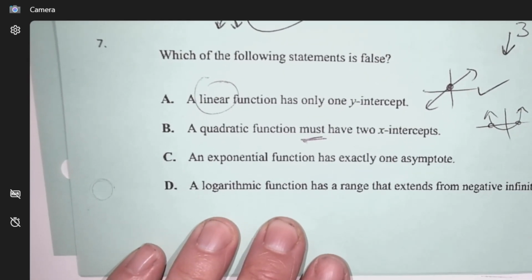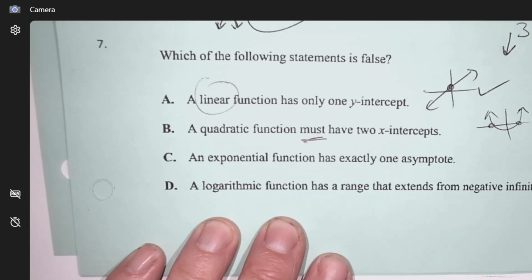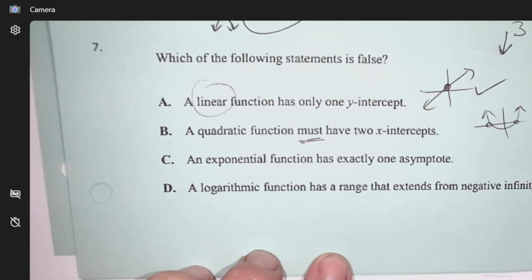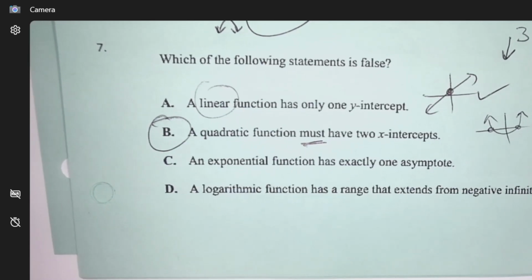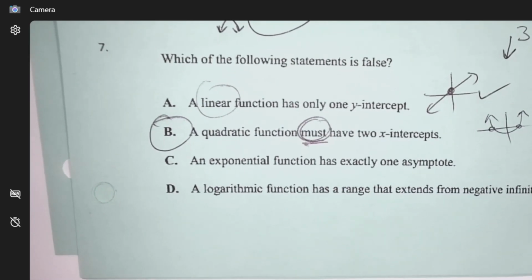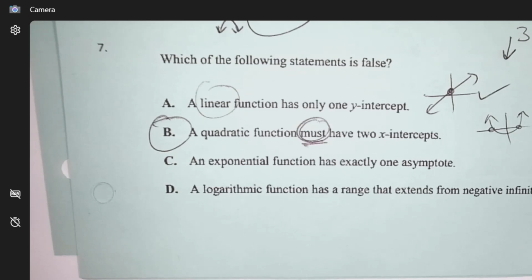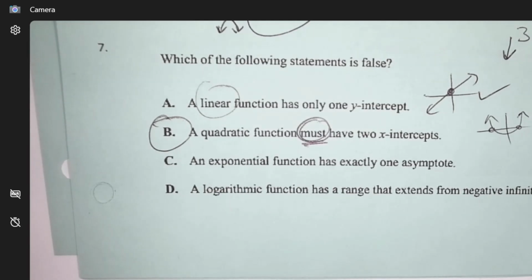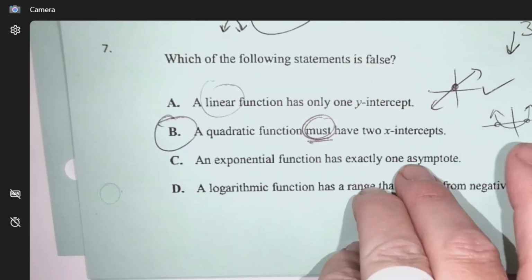False, because what else could it do? It could just do one or none. So this statement is false because of this word. It doesn't have to have, it could, but it doesn't have to. Okay, and then this is on a test when you know everything, so you don't even know what those are. Okay, those are the next unit ones.